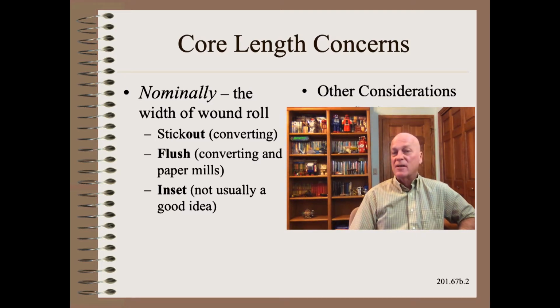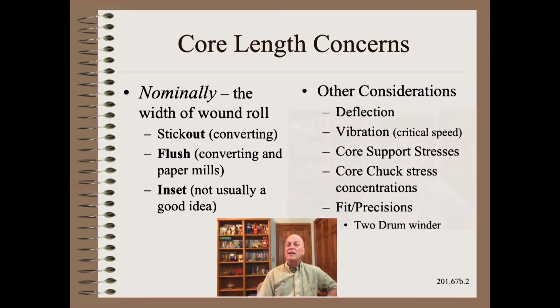Then we must consider core width tolerancing and core CD positioning. Life gets even more complicated when we consider the many failure modes that are affected by length. These include excessive deflection, vibration, stresses on the web product itself, and many others.